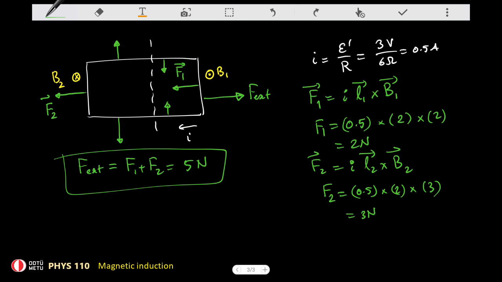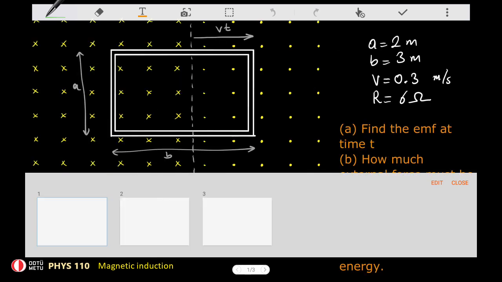But since they cancel each other, I didn't bother computing these forces. So the 5 newton force towards left is the total force applied by the magnetic field. To make sure that the net force is equal to 0, I have to apply an extra 5 newton force in the rightward direction.